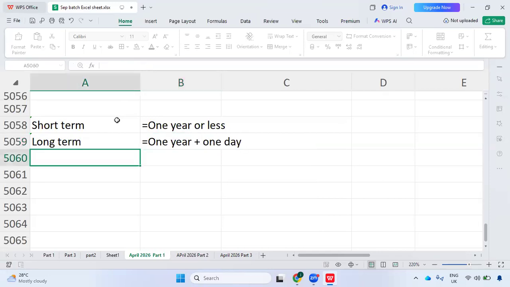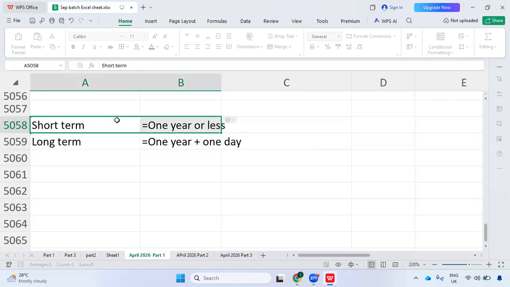You can simply remember it this way: short term means 1 year or less, and 1 year plus 1 day becomes long term.